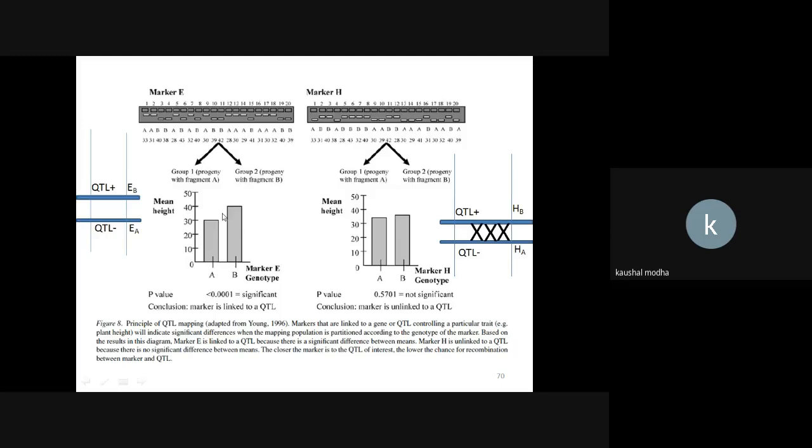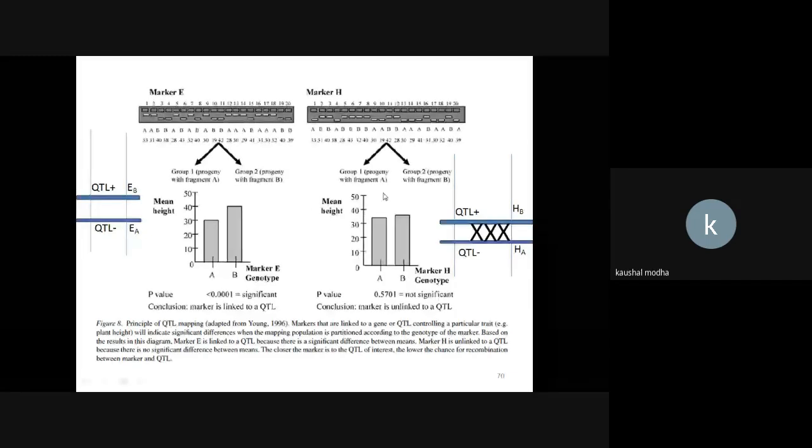So you'll find the significant difference. And whenever we get significant difference between these two groups of RILs, the software will conclude that marker E is linked with the one QTL governing number of pods per plant. That way we may identify many markers linked with other quantitative trait loci governing number of pods per plant.